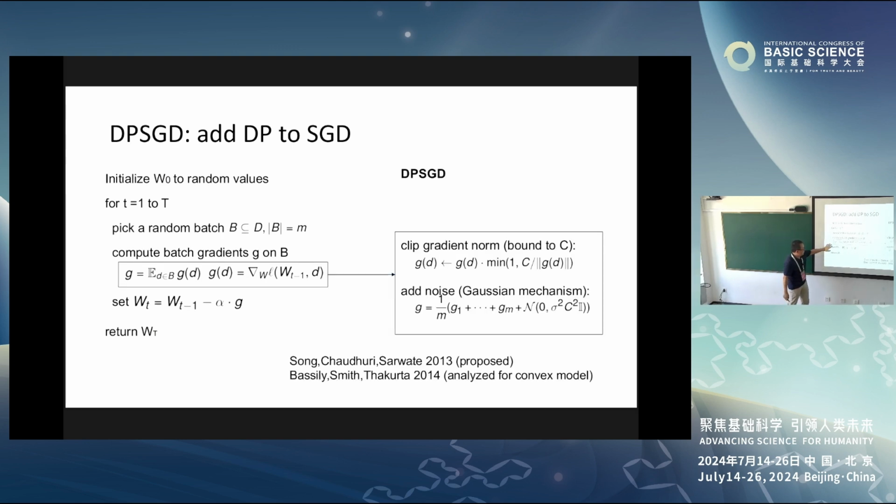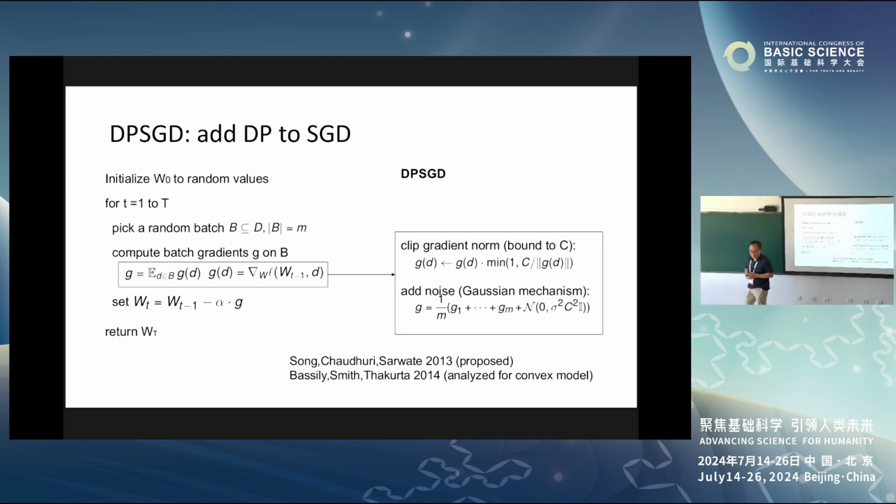First of all, we need to bound the sensitivity, because this gradient can sometimes go wild, so you don't want to rely on its upper bound. You probably want to bound it. That's what we call a clipping process. Basically, take a vector and clip it to some bounded constant C. If its L2 norm is already smaller than C, then I do nothing.